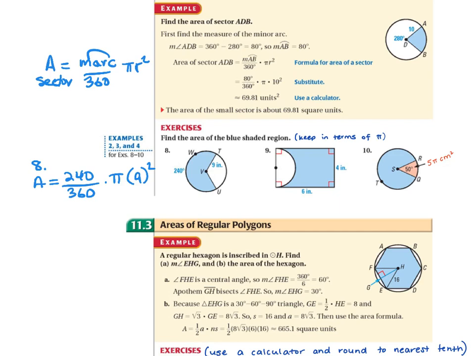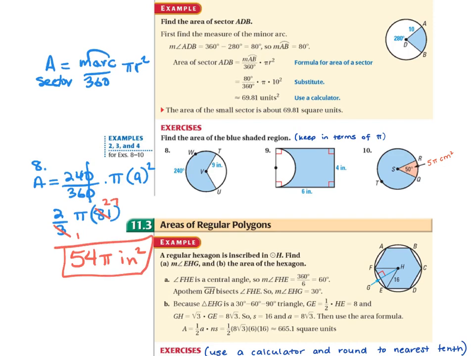I could simplify these, and reduce 24 over 36 into 2/3. I can square the 9, make it 81. And then I could simplify the 3 and the 81, change that to a 27. So final answer here is 54 pi inches squared.